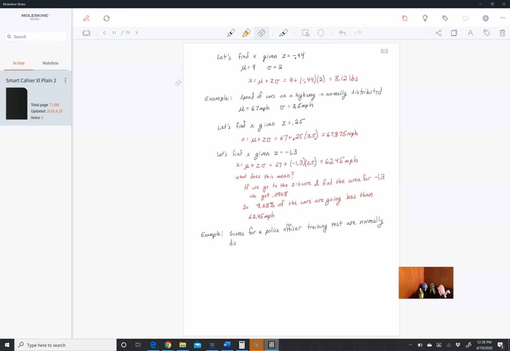And this time, the mean is 50 and the standard deviation is 10, okay? So we want to find the lowest score in the top 10%.